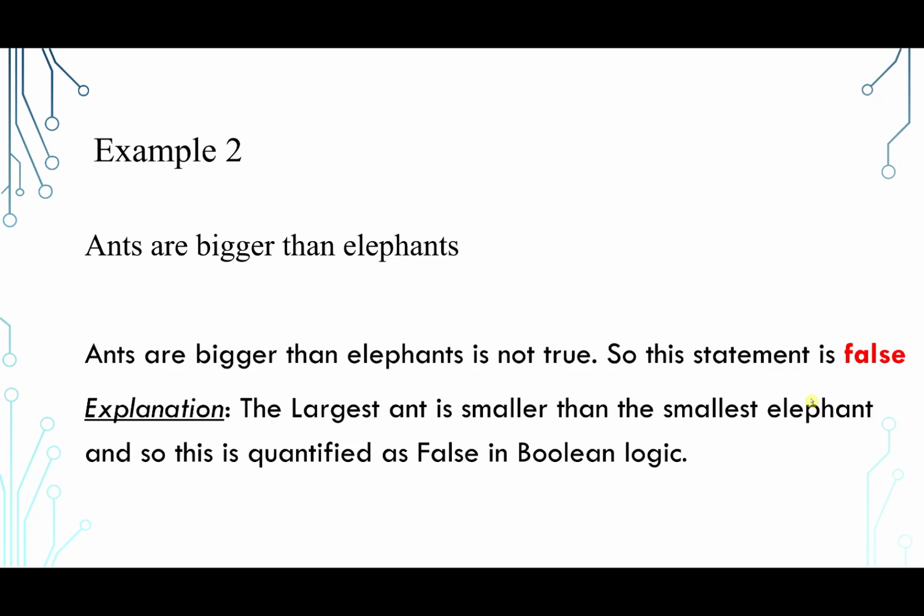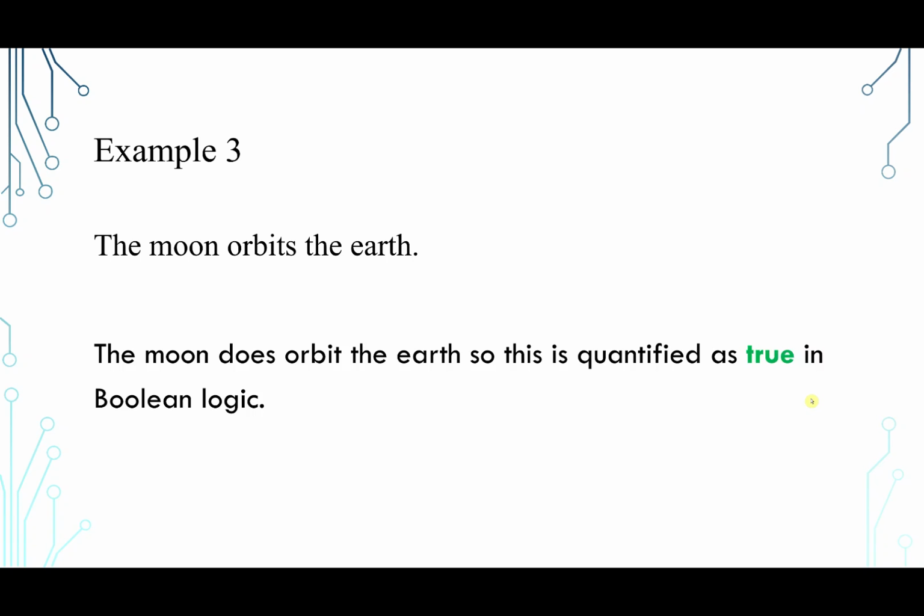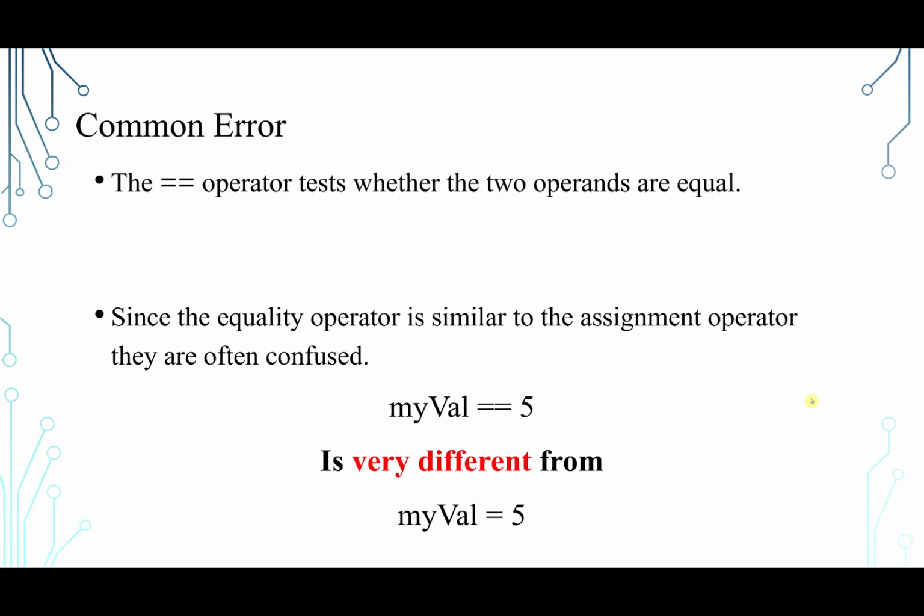My answer is false, because the bigger one is the elephant. The moon orbits the earth. That needs a scientist, I know. Your answer is? My answer is the moon does orbit the earth, so this is quantified as true in Boolean logic.